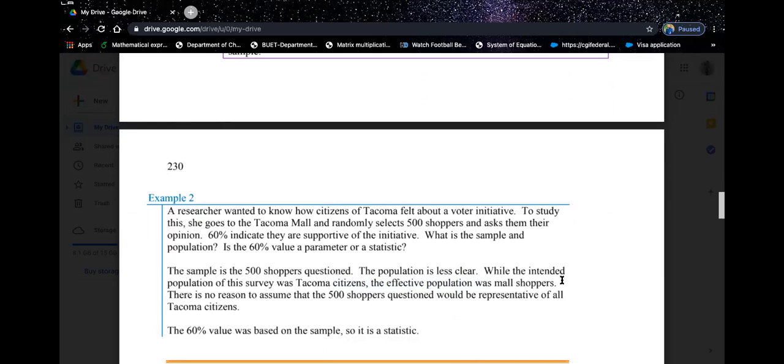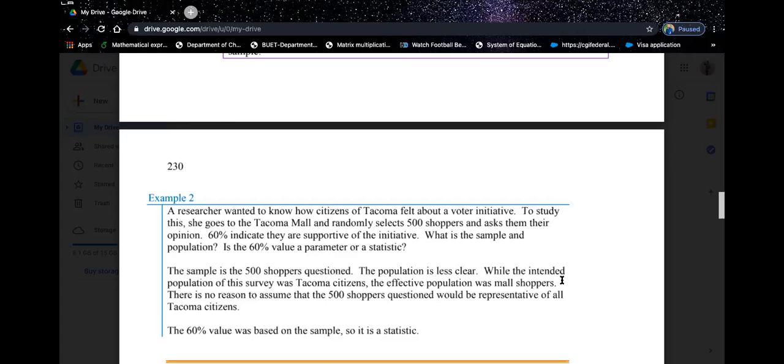Just try to feel this, because she picked up shoppers from a certain place, and we're talking about an entire city, the entire city of Tacoma. So we're not really clear whether it would be a good way to say that the population is the number of people in the entire city.